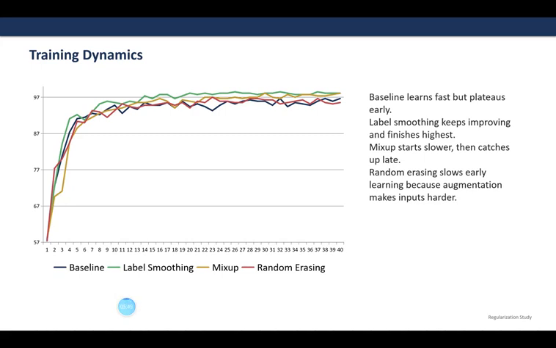But even though it starts slower, it keeps improving and catches up late. Random erasing also has a slower early phase, which makes sense because the augmented training images are harder. So this figure helps explain that the methods are not just changing final accuracy, they are also changing the shape of the learning process.